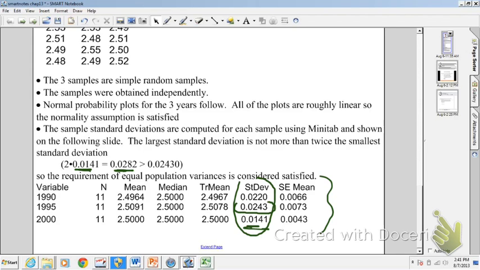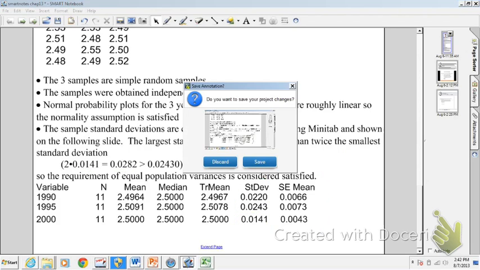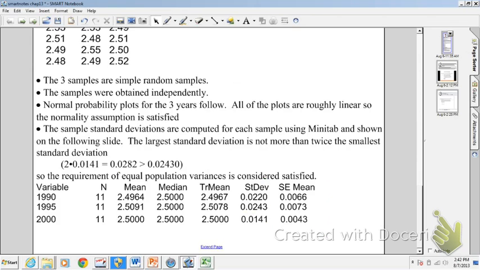So you really just take double the smaller, and if that's still bigger than the largest sample standard deviation on the list, the requirement of the equal population variances is considered satisfied. Okay? And that's actually easier than running an F-test.